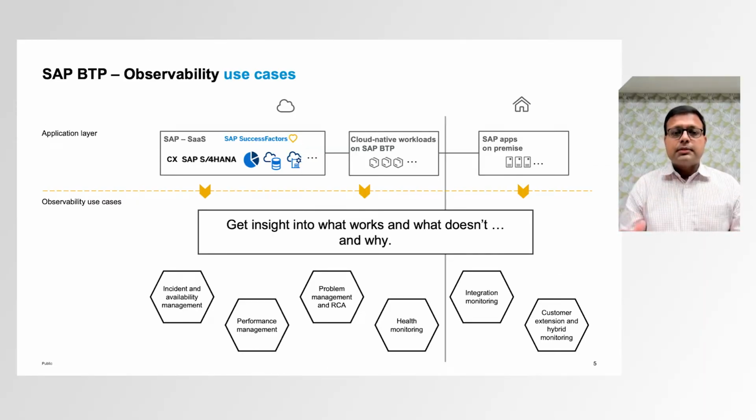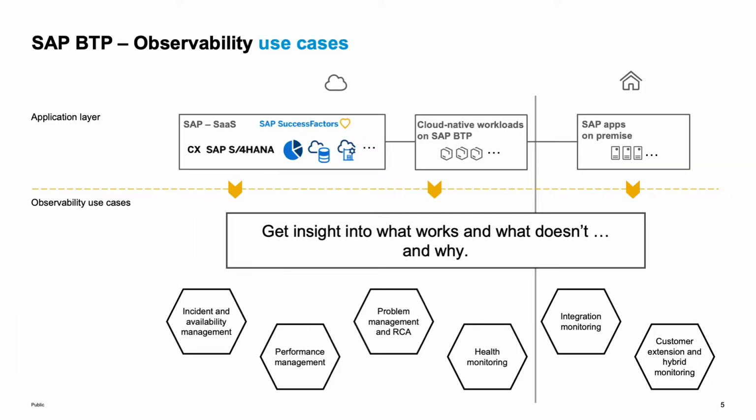But when it comes to the observability use cases, we see that they actually go through a similar approach from looking at incident and problem management to looking at performance management to looking at the health of the systems and solutions, and also specifically for the platform use case to look at the performance and health and exceptions that happen on the custom applications that you're building on the platform as well, right?